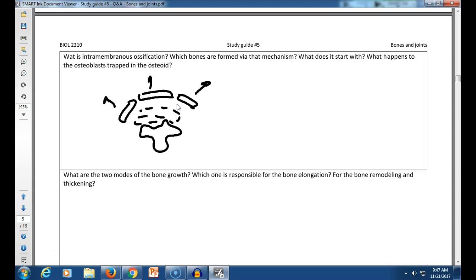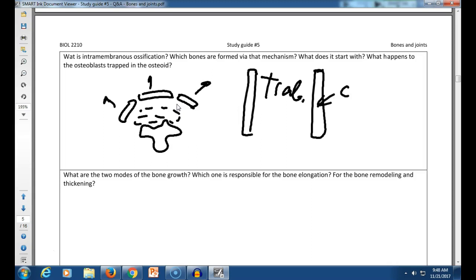So eventually you end up with a layer of trabecular bone and the outer layers of trabecular bone being remodeled to compact. Bones that are formed by intramembranous ossification are bones of the skull and clavicles. We good? That's all you need to know. Oh, you need to know that osteoblasts, when they become trapped, become osteocytes.